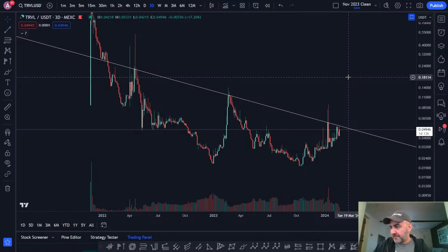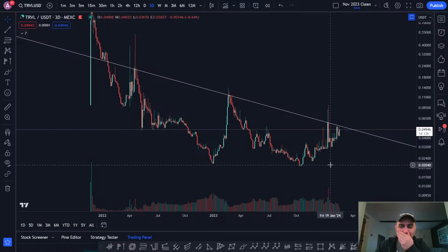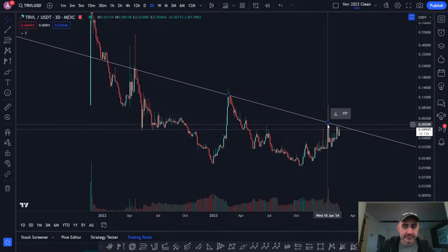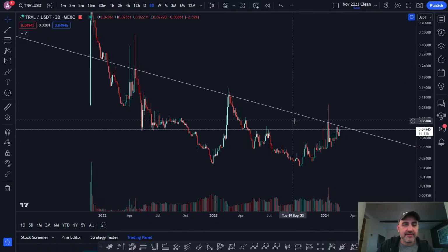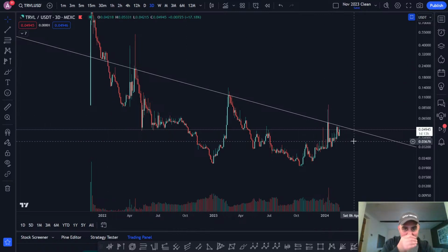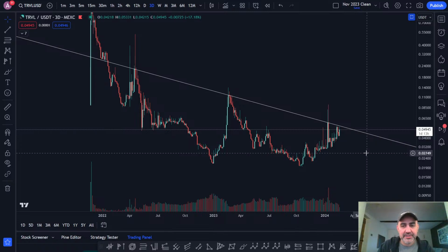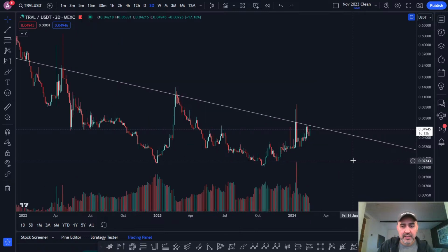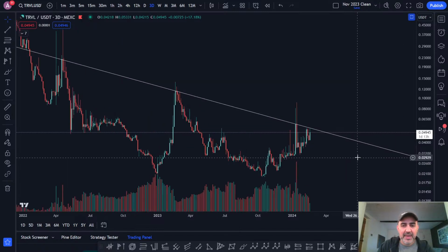Sorry, excuse me. So anyway, we're coming into that line again, and these trend lines are very subjective, and also I never trade them because for me horizontal lines are more important, but it's just something to bear in mind.